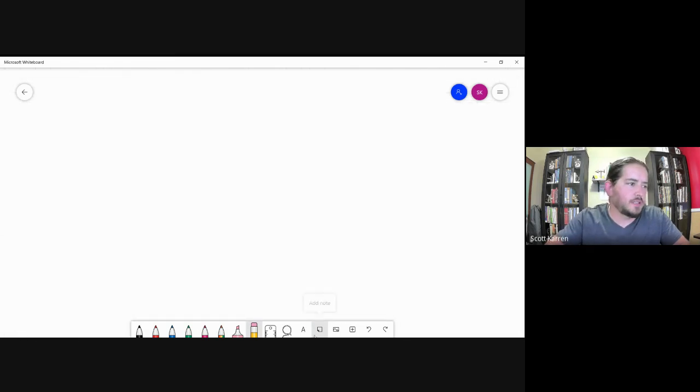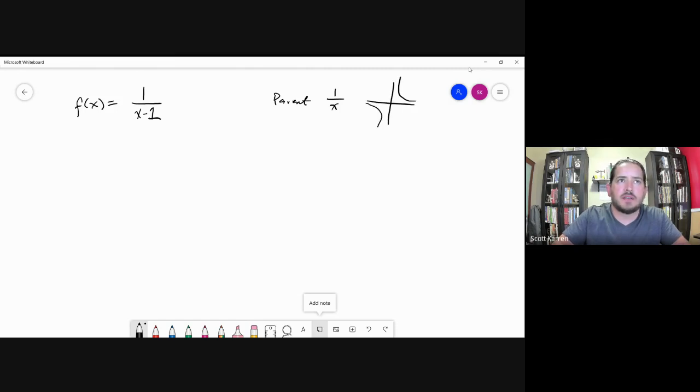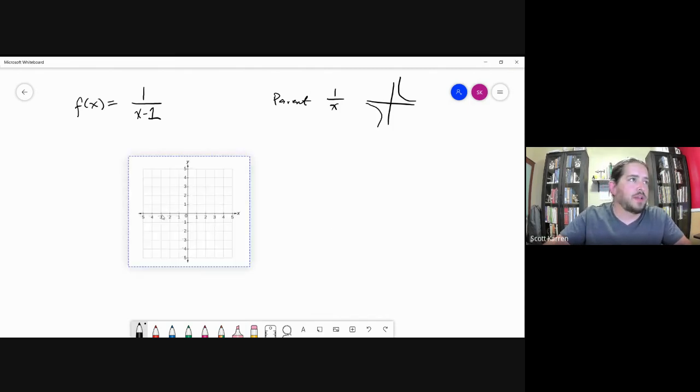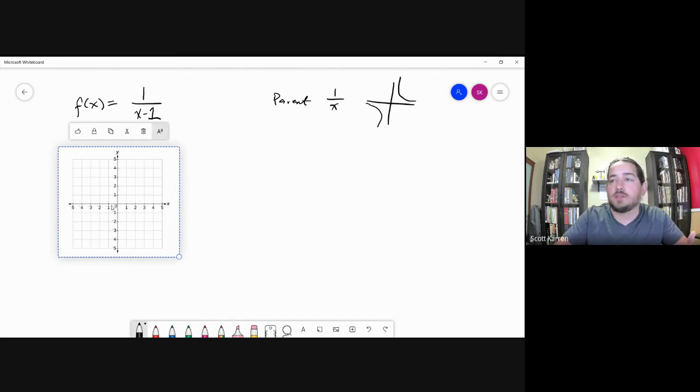If I have, let's say, another function, let's say I have 1 over x minus 1. Right? So again, the parent function here, the governing equation, is 1 over x. I know what that looks like. It's essentially this guy, right? And so if I want to draw 1 over x minus 1, this is a shift to the right by 1 of 1 over x.